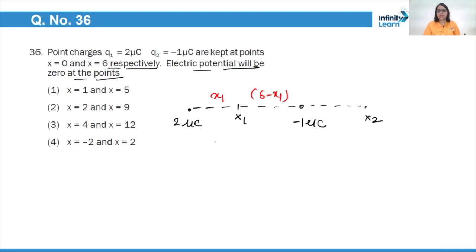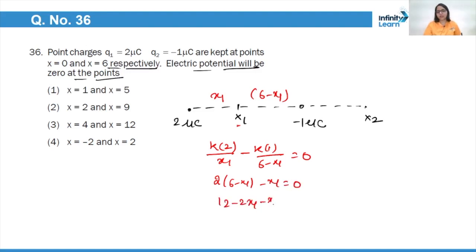Right, so for the first case, electric potential should be 0 at x1. So it is kq upon x1 minus k into 1 upon 6 minus x1 should be 0. Right, so over here, 2 times (6 minus x1) minus x1 should be 0, right? So 12 minus 2x1 minus x1 is equal to 0. So x1 will be 4 meter, right?